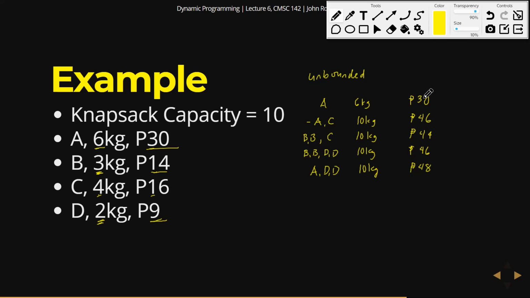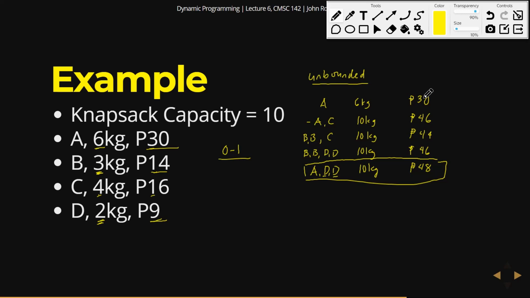So this is actually the best possible combination. Okay, and that is if it is unbounded. So we could take multiple copies of D this time because it is an unbounded supply, right? So that's ADD.